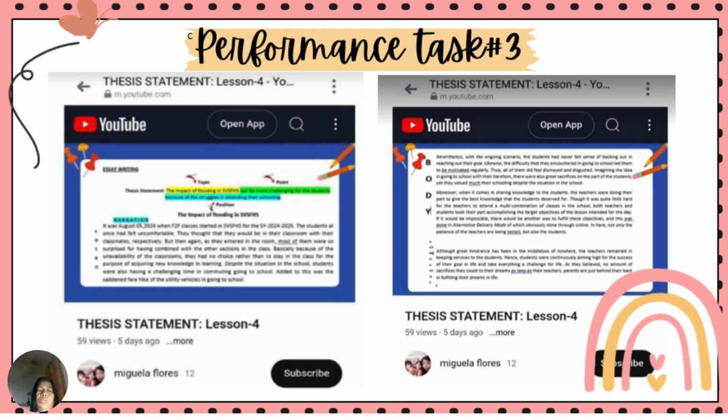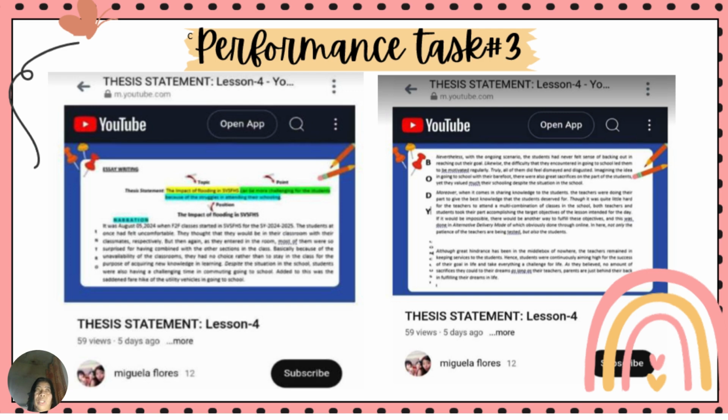The body was started in the form of a narrative, where we told the story of what exactly happened during August 5, 2024, which was our first day of FTF classes, because on July 29 we were not able to make it since our school at that time was still underwater.